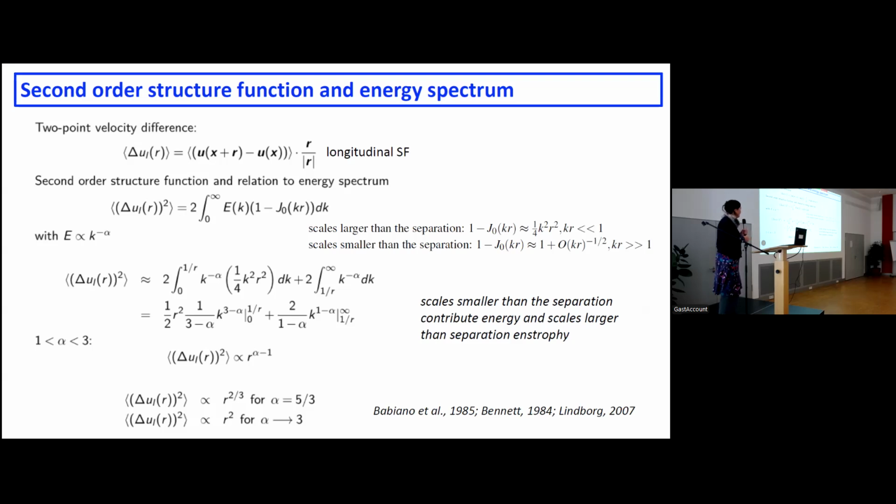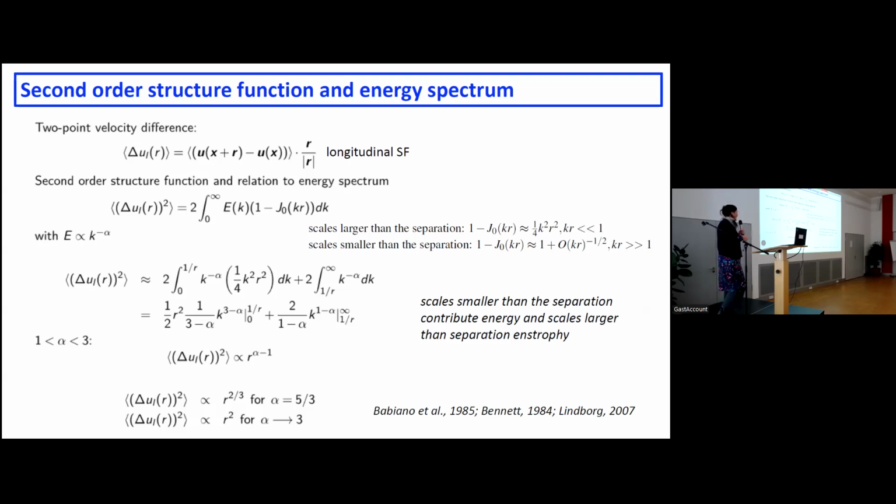And so you can easily work out these integrals and put in the limits, and then you see that we have some divergence here, so you have to have the condition that alpha is between 1 and 3. But if that's the case, you can work out the limits, and you have a pretty simple relation: both of these terms contribute r to the alpha minus 1.